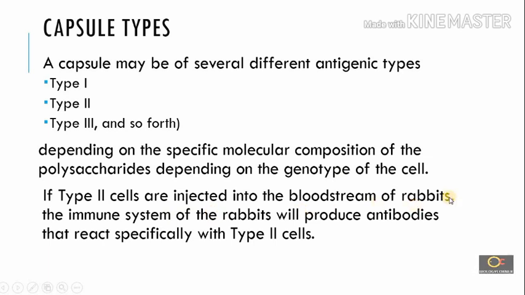If type 2 cells are injected into the bloodstream of rabbits, the immune system of rabbits will produce antibodies that react specifically to type 2 cells. They will not react with type 1 or type 3 cells. It indicates that all these polysaccharide coat types are immunogenically different from each other. They have different chemistry, you can say.